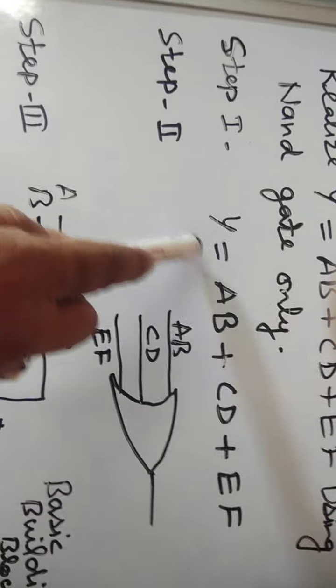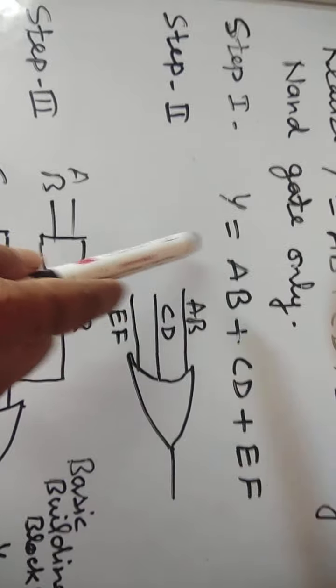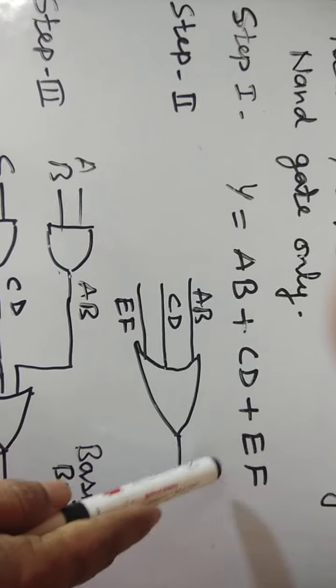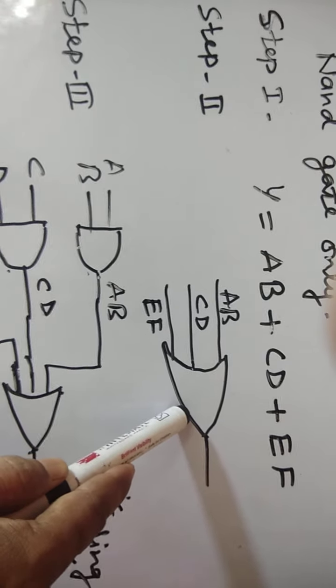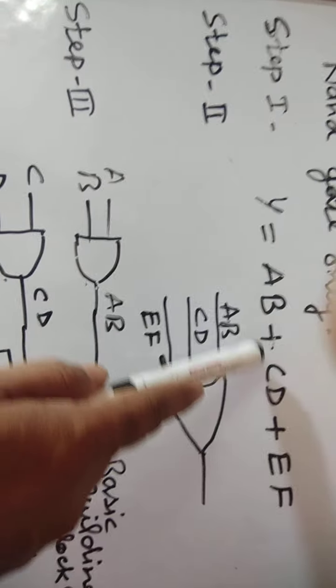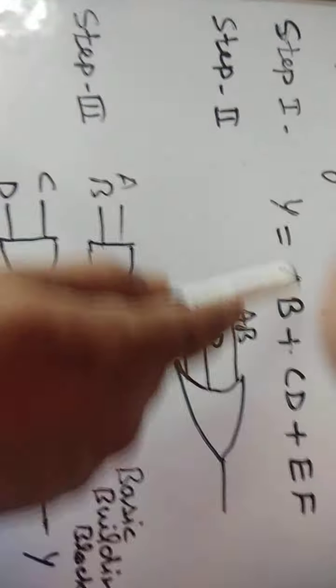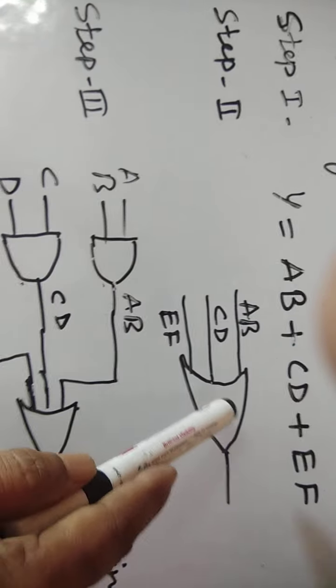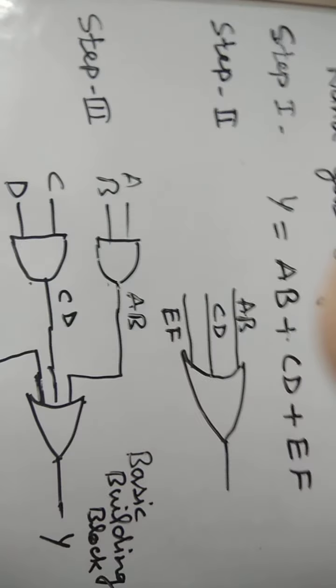First, in step one, we write the expression Y = AB + CD + EF, and after that make this expression with the help of basic logic gates, basic building blocks. Suppose AB, CD and EF, the summation of these three, is equal to Y. It means that we use the OR gate, and the inputs are AB, CD and EF.